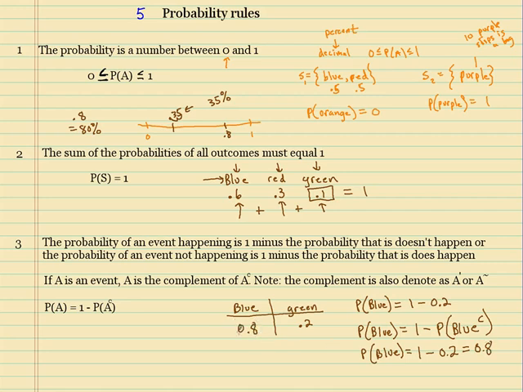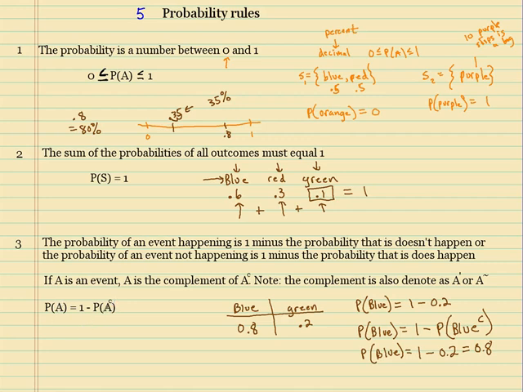So you could say there's different ways you could do it too. But we'll do examples of this later. But just know that the complement is the event not happening.